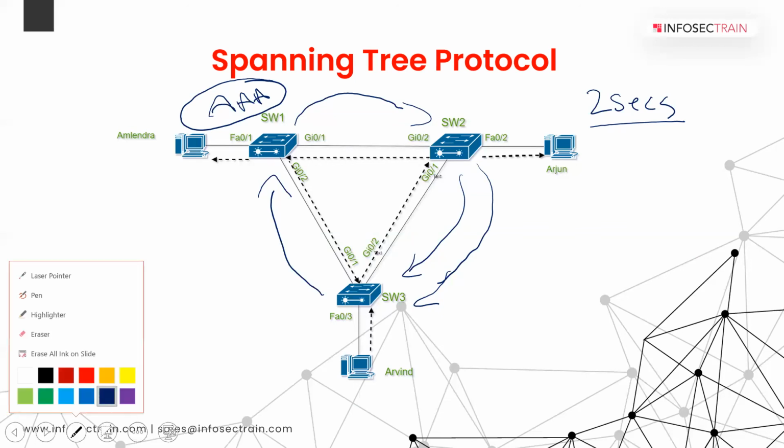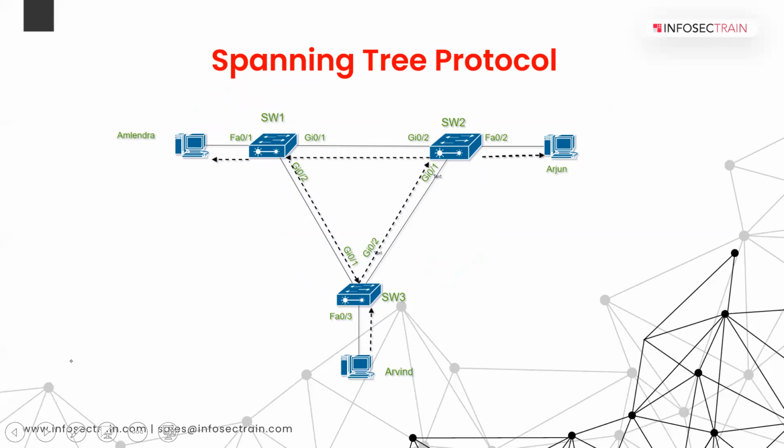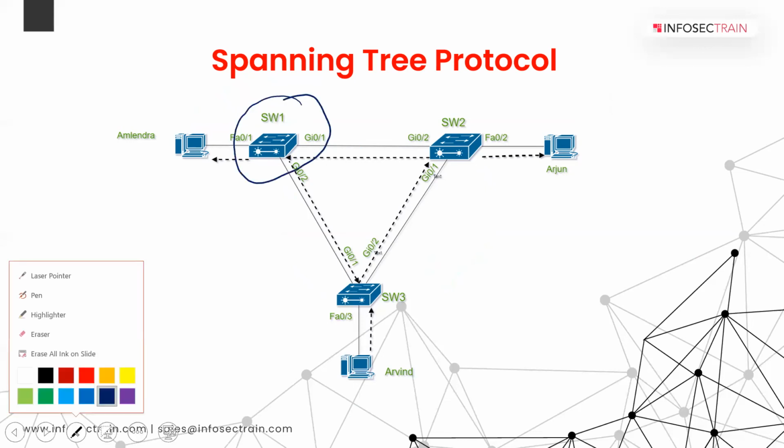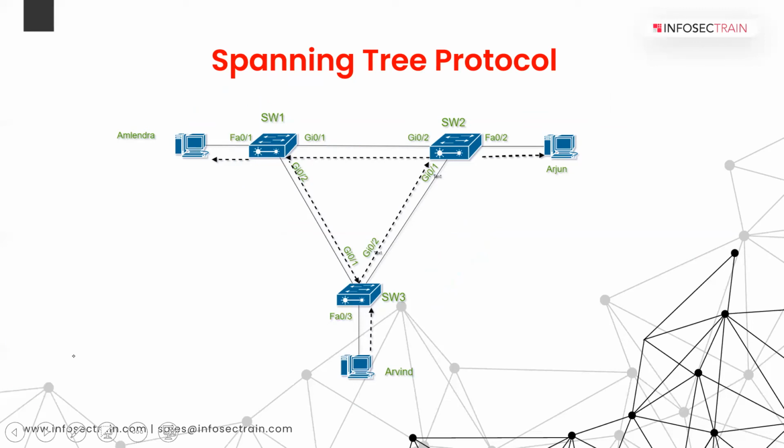When this process is done, then your switch 1 is your root bridge, and then your data transfer can happen, right? So that is the working of your spanning tree protocol, which is helping you in finding out redundant links and in closing the redundant links.